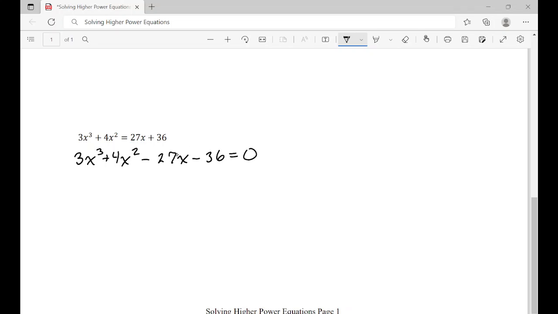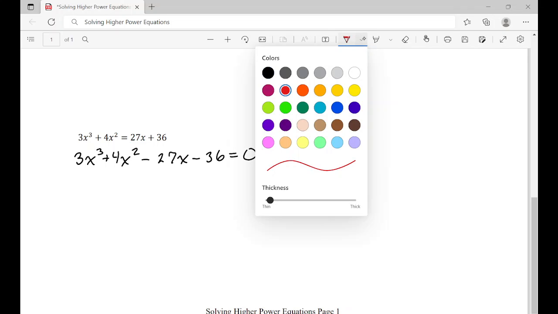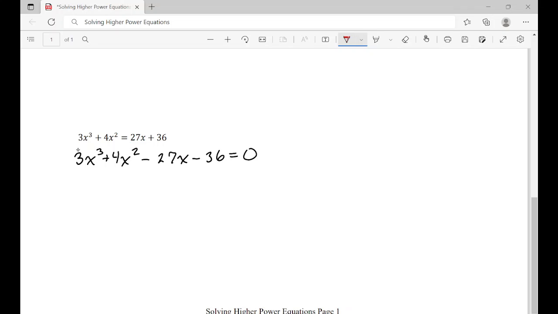And since I have 4 terms here and no GCF, my mind immediately thinks factor by grouping. So that's what I'm going to do. I'm going to group the first 2 terms together, and I'm going to group the last 2 terms together.